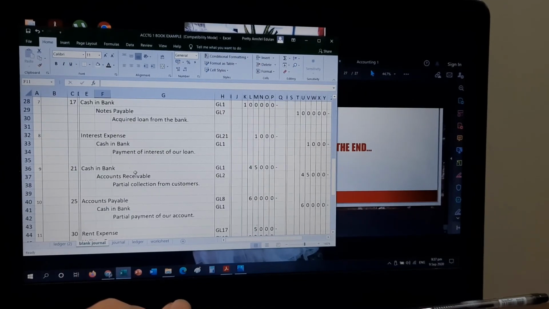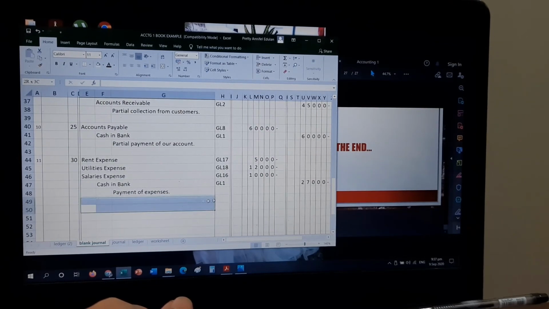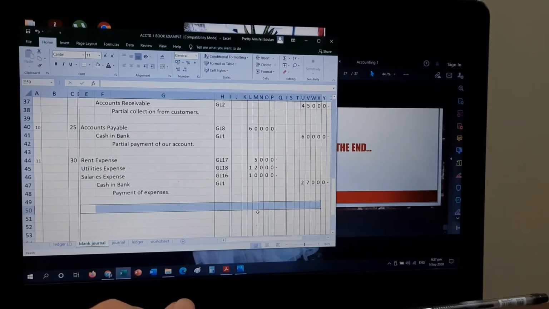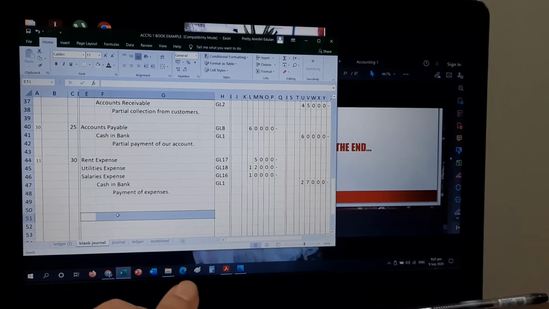So that is for the activity that I have presented to you in our previous slide. So again, master the 14 transactions. Understand the debits and credits, the normal balance. If you understand that, you will never go wrong in accounting 1. So thank you for listening.